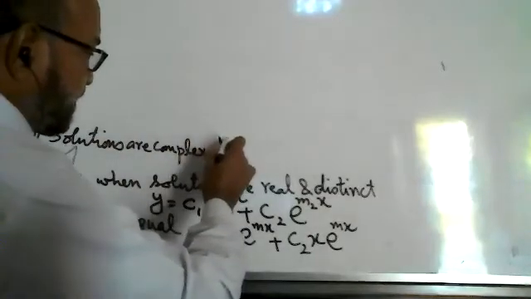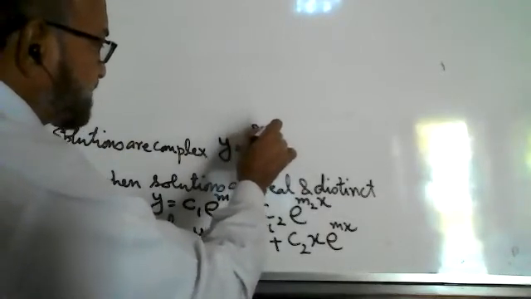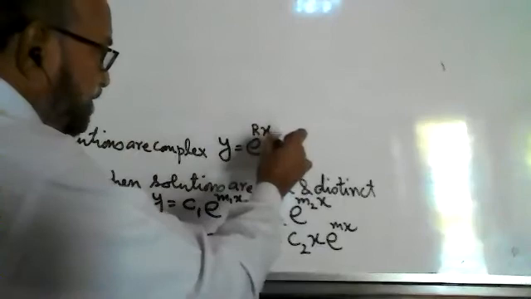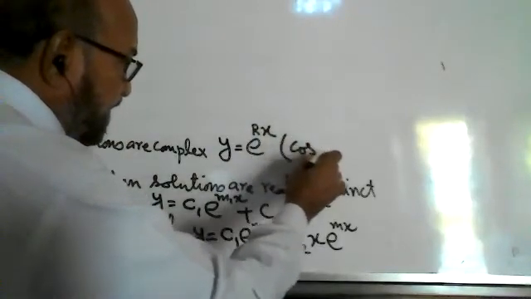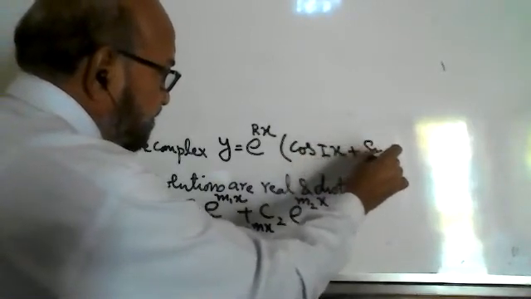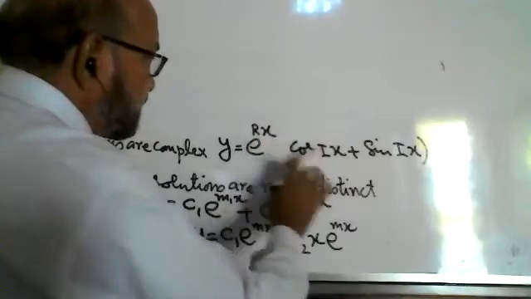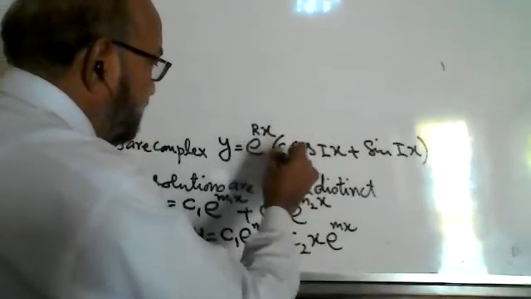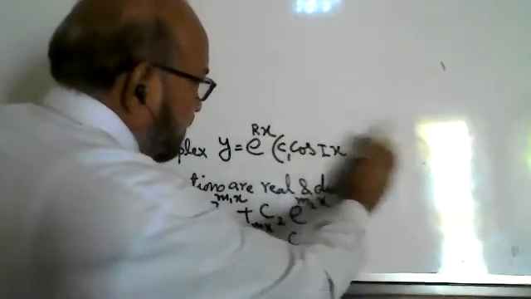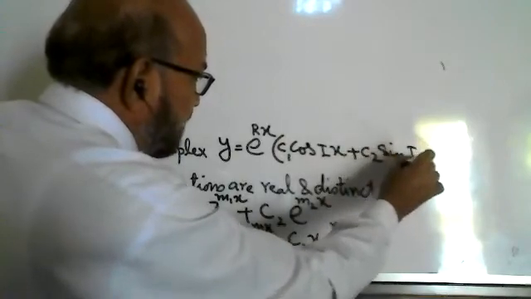So the solution we will write is y is equal to e raised to power real part into x, where the real part is of the complex number, into C1 cos imaginary part into x plus C2 sine imaginary part into x.